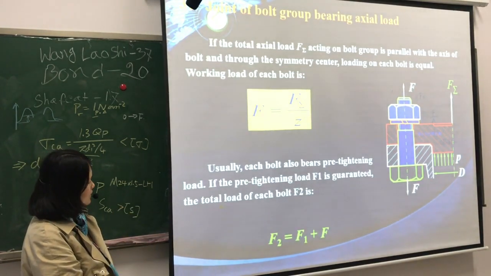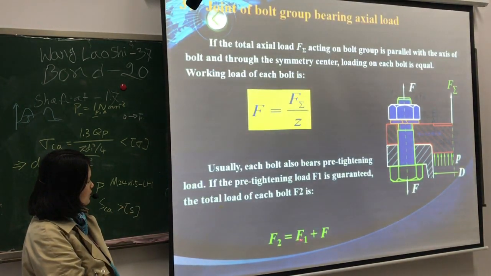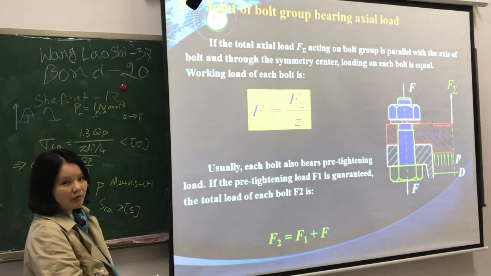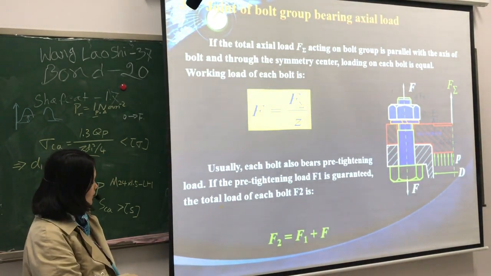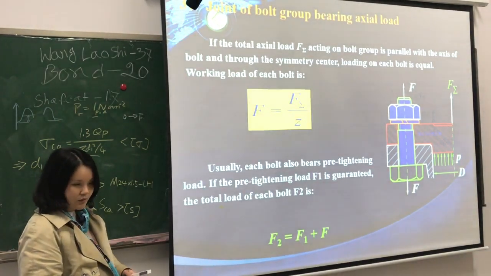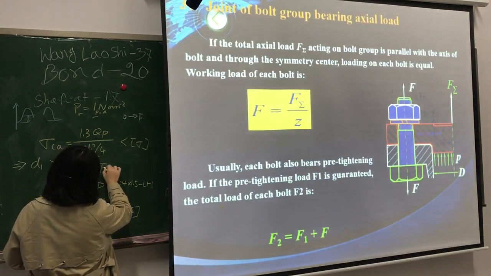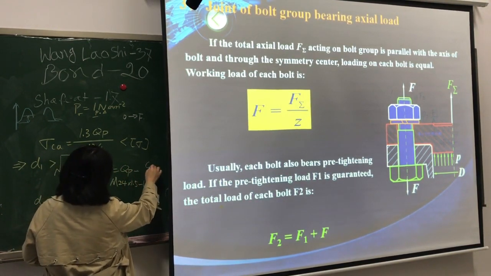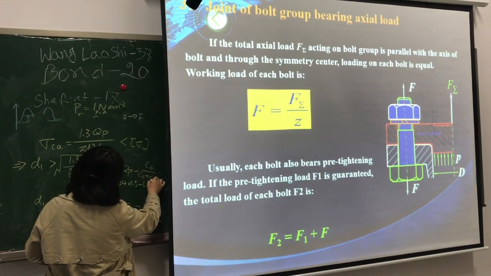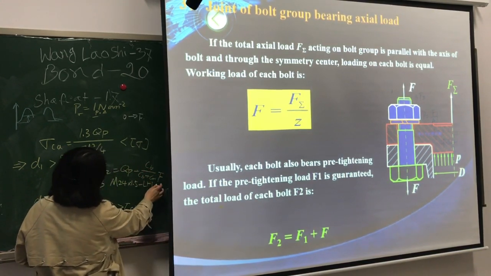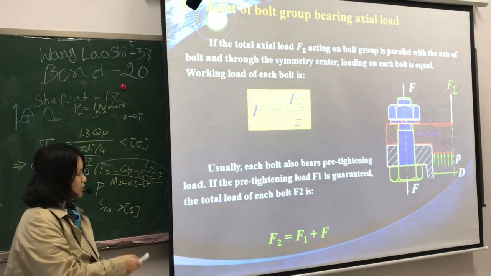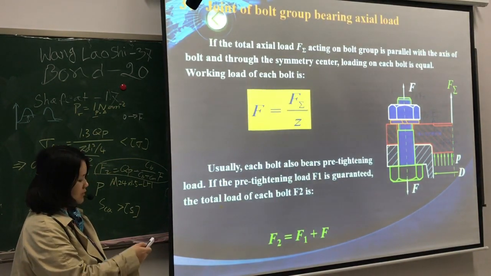It's the remaining preload plus F. We calculate using the equation F2 equals the preload plus CB times CN times F. Use this equation.